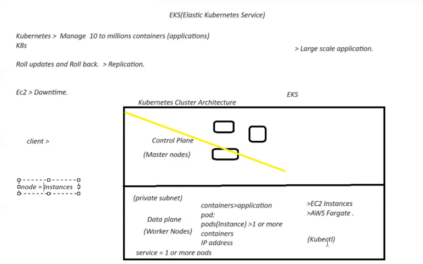Actually, you create a YAML file in which you provide all the configurations regarding these pods as well as services, and you just run the kubectl commands. So this whole thing will be created automatically from the command line interface. It is very easy to create this whole EKS architecture from the command line interface.